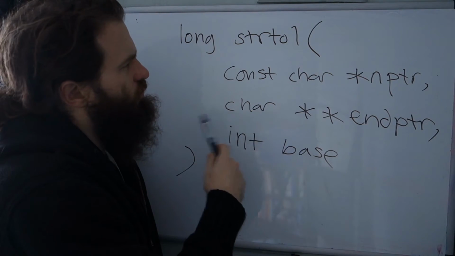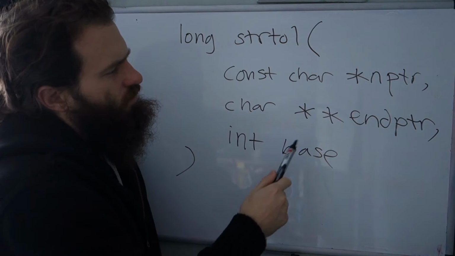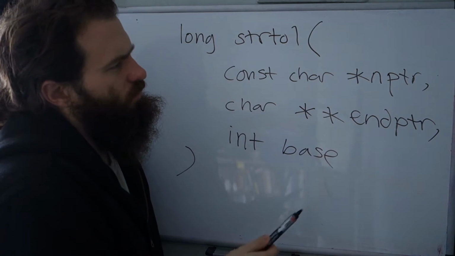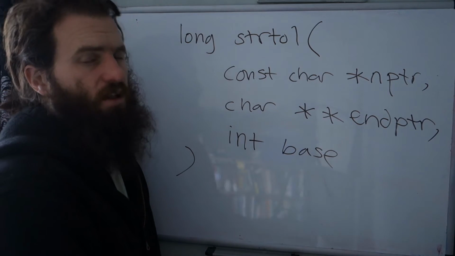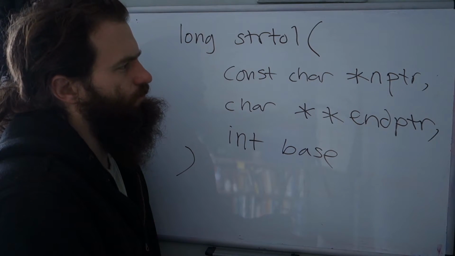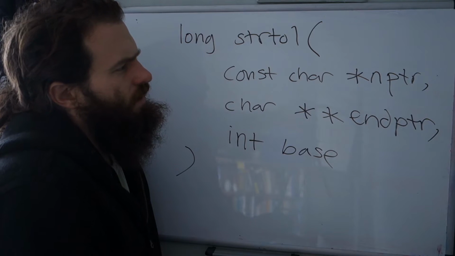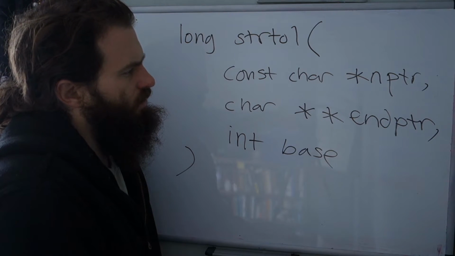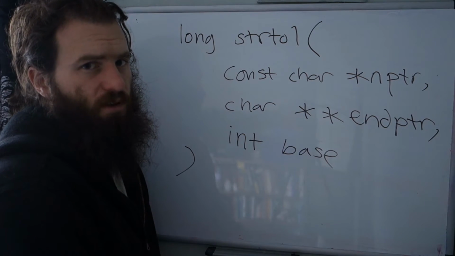When something goes wrong, after we've called this, we'll check endpointer, and if everything's gone correctly, endpointer will point to the end of the string. It will point to the null character in the string, so we can check that. And if that is not true, then we know that something has gone wrong and we can observe that.